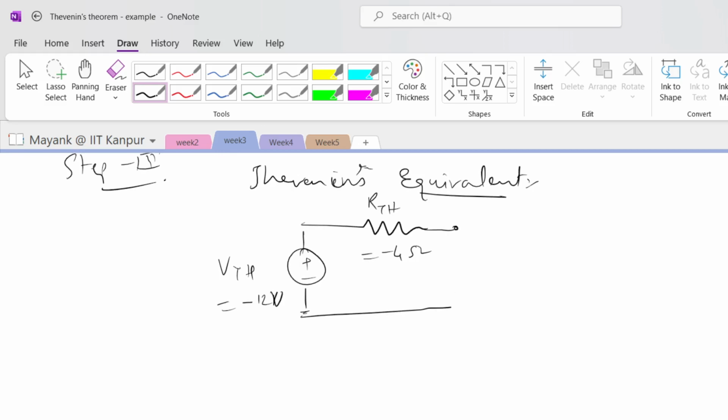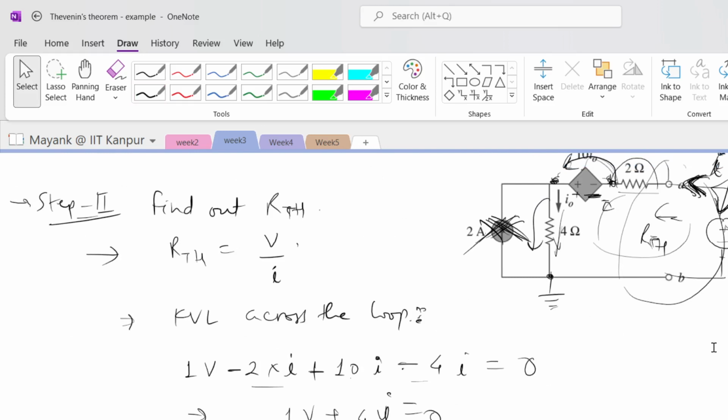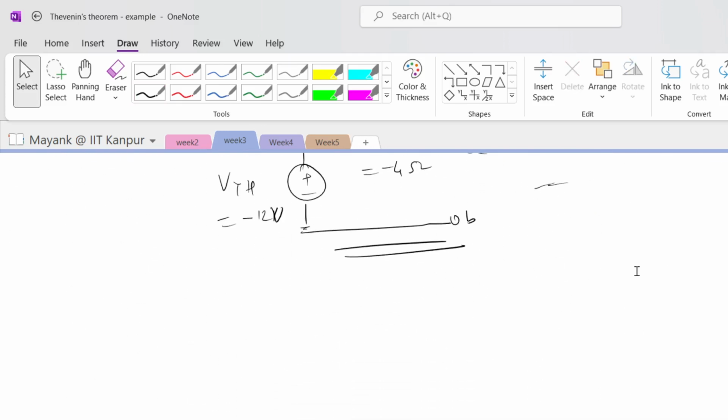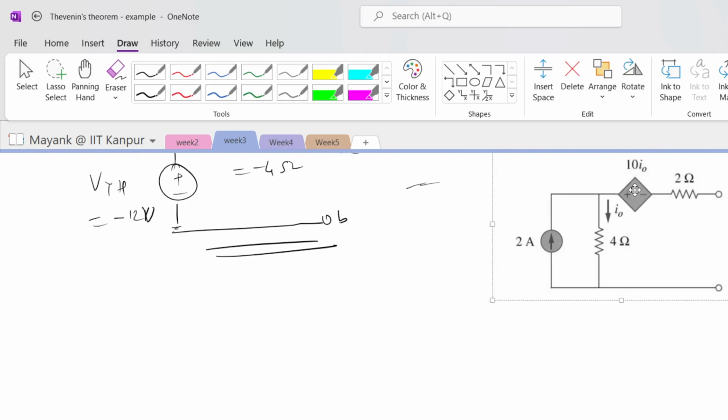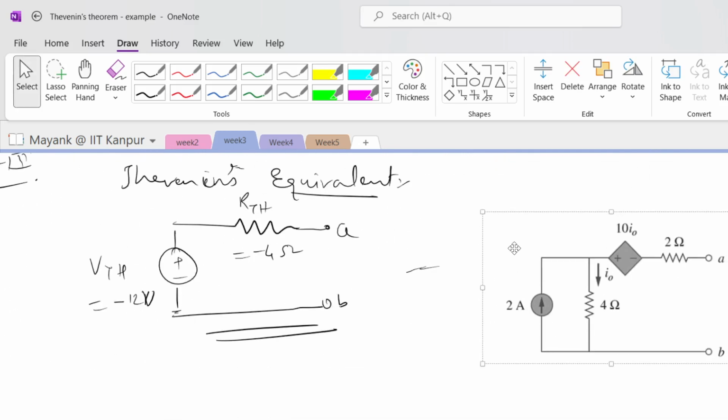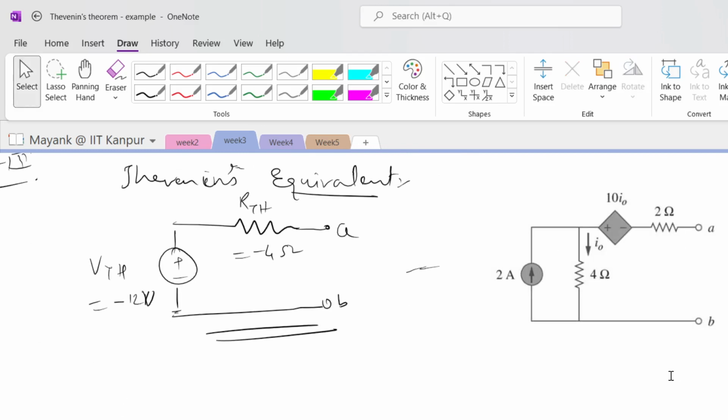So this is terminal A, this is terminal B. So this is the Thevenin's equivalent of this particular network, right? I will show here. For this network, the Thevenin's equivalent between terminals A and B is given here.